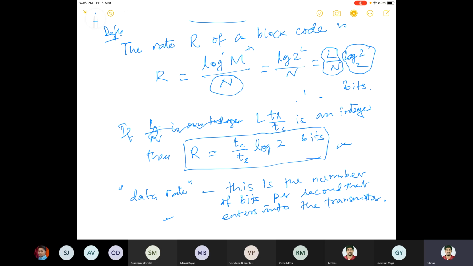Some nats per digit you can say, and then of course you can convert this into bits.